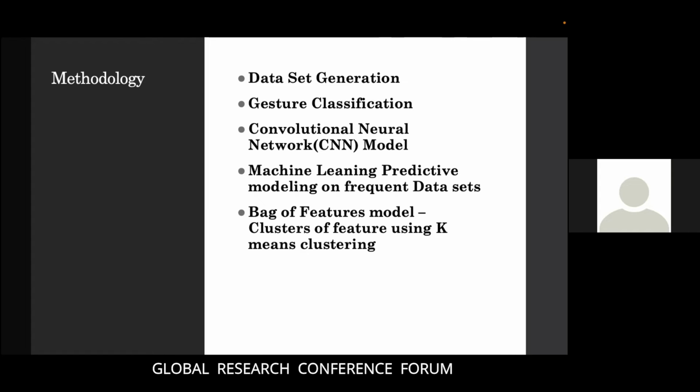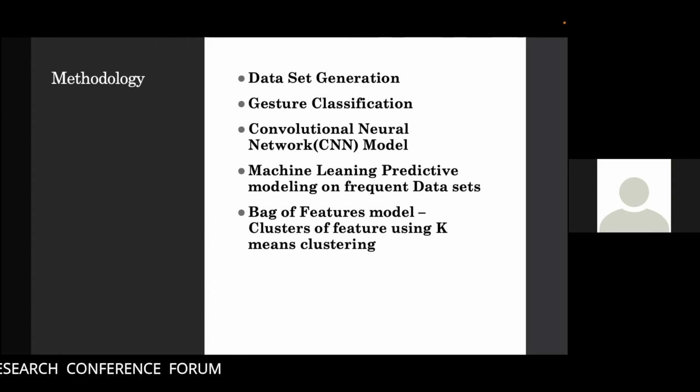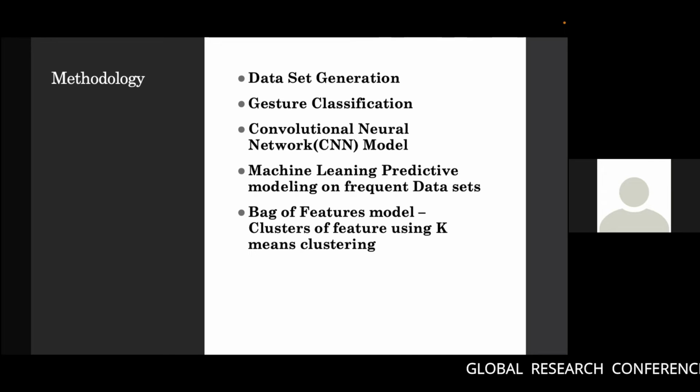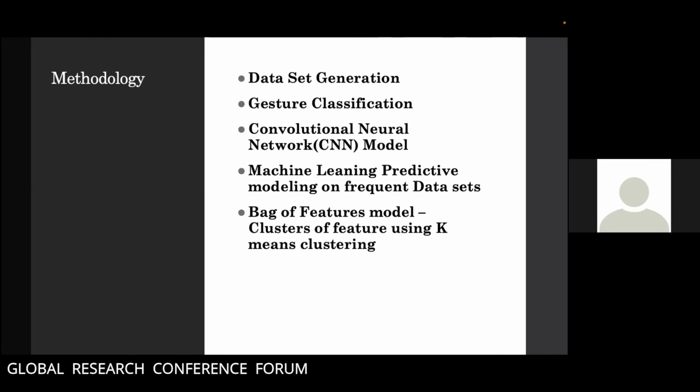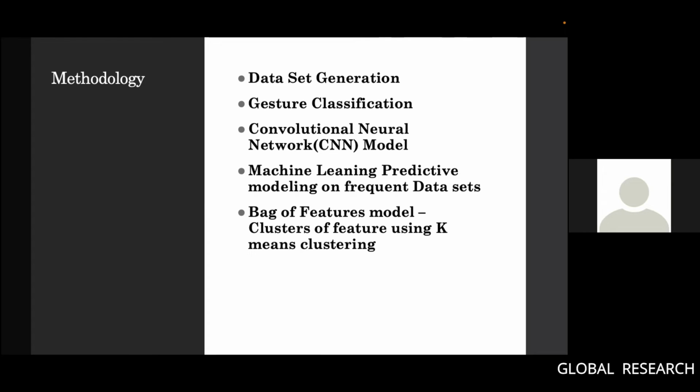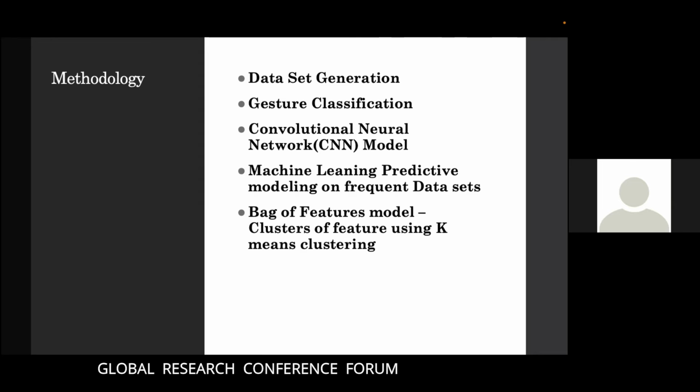And gesture classification: once we get the gesture, there should be a minimized sequence of the gesture, so what that word could be is done in the gesture classification. Our traditional CNN model we have used to crop out the things and find what the actual word is.